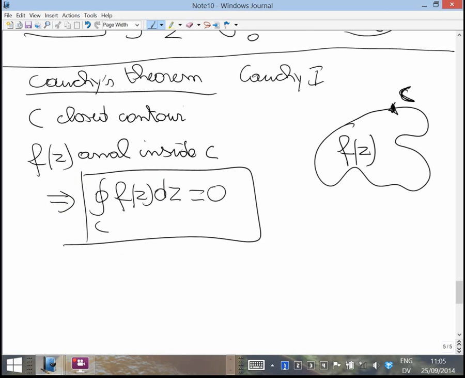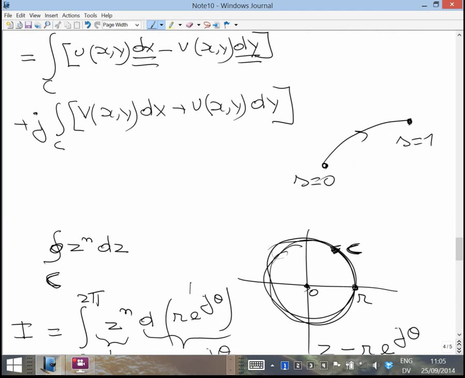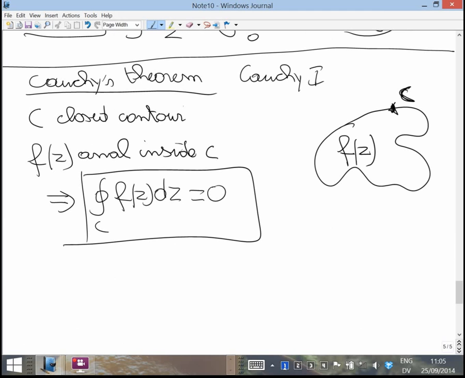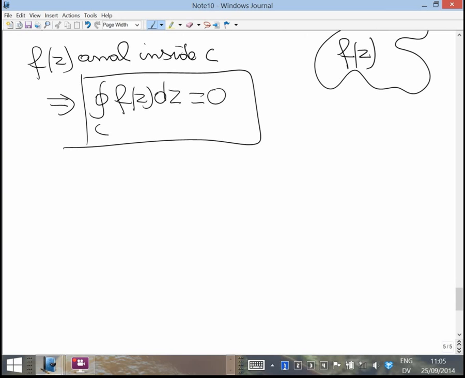So remember, this goes back a bit to what we had earlier. If you have positive exponents here, z squared, z to the power of 3, we already saw indeed that this gives you 0. So Cauchy's theorem is like a generalization of this, if you want. So let's try and prove this. First of all, we have, of course, our definition of f of z dz. Just as we had earlier, I will split this up into real and imaginary parts.